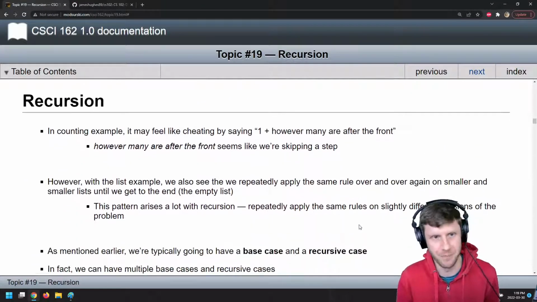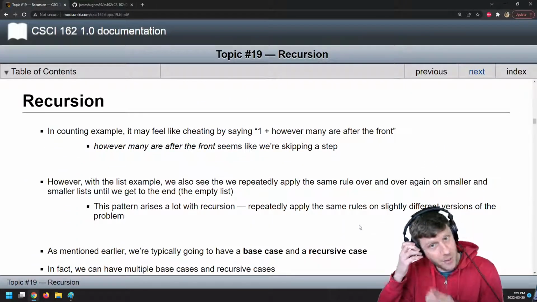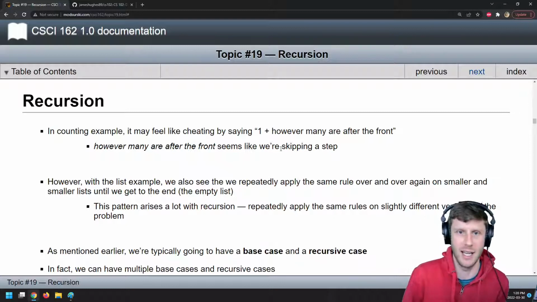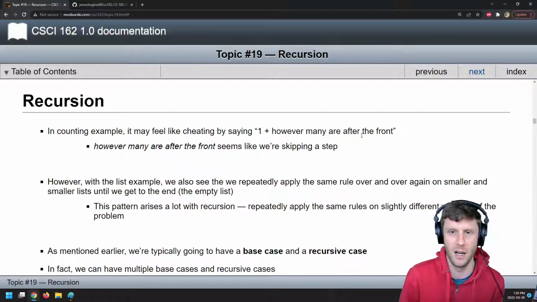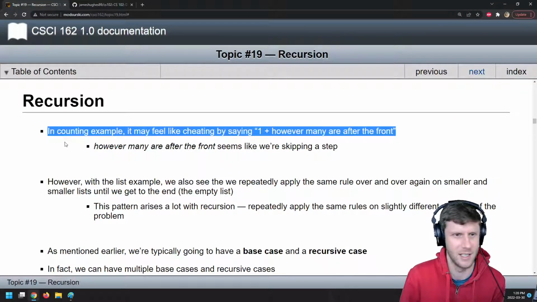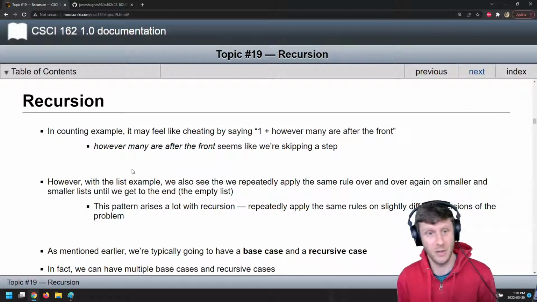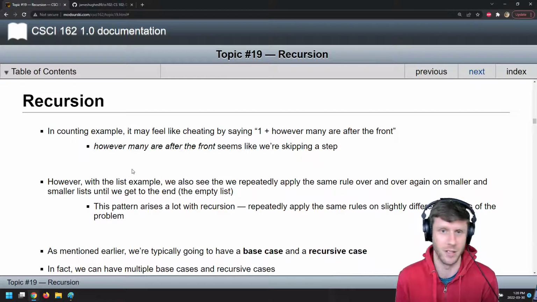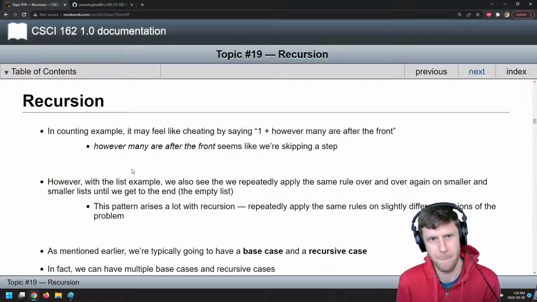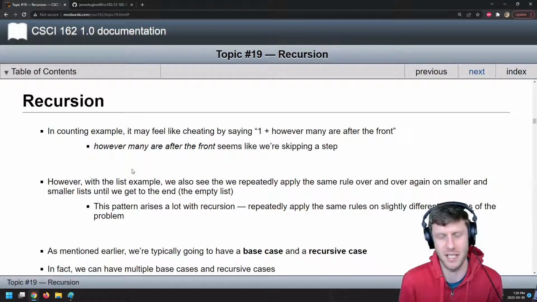Okay, recursion. In counting example, it may feel like cheating to say 1 plus however many are after the front. In counting example, I feel like this can be grammatically improved as well. So another PR, just saying. How many are after the front seems like we're skipping a step.